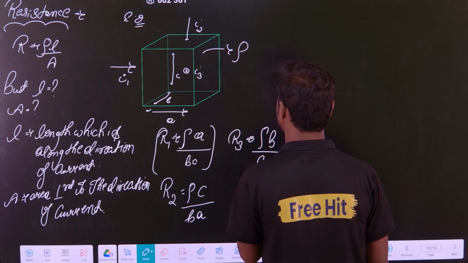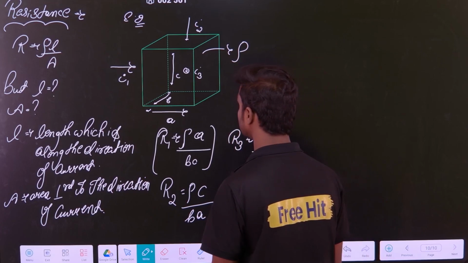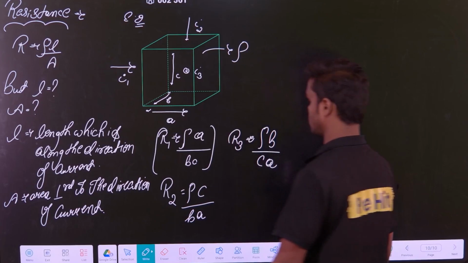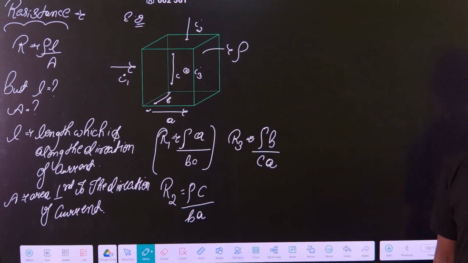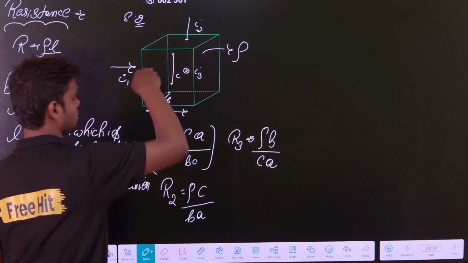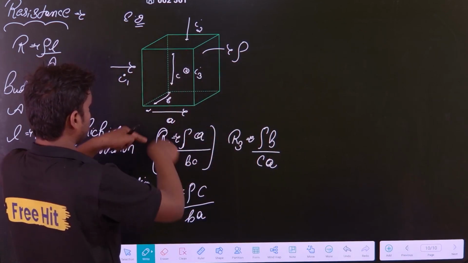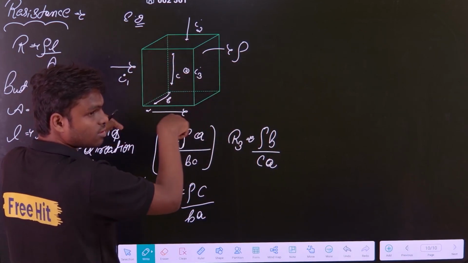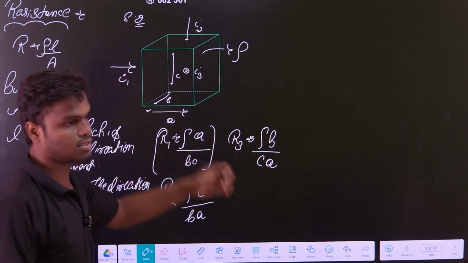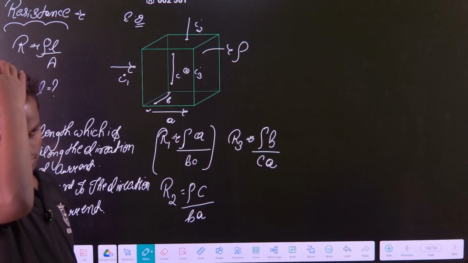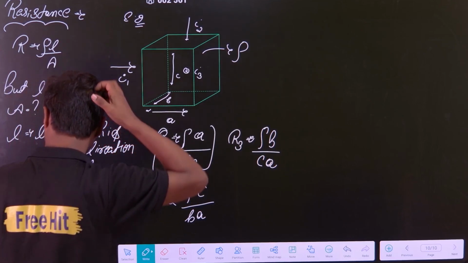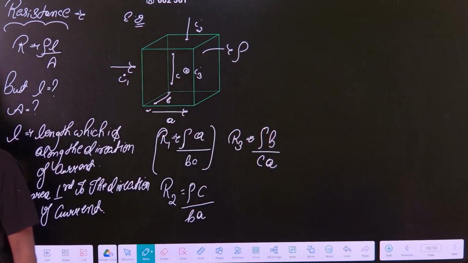What value are you getting? Completed? Can I show? Okay, so this should be the answer: ρB/AC, because this side is along the length and this area is perpendicular to the length. Correct? Clear? So this is how you have to write the resistance. Any doubt? Okay, please note it down.